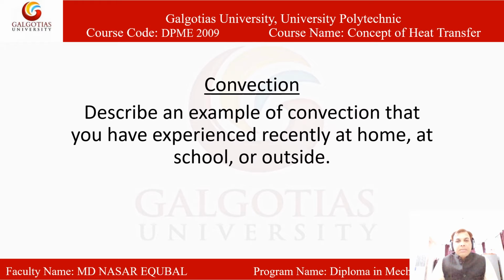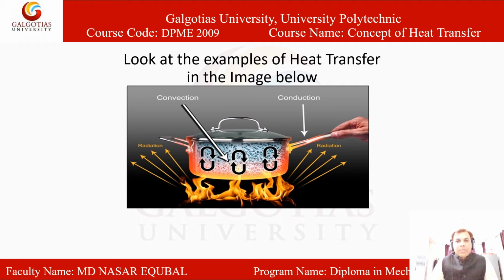Convection. Describe an example of convection that you have experienced recently at home, at your school, or outside the school. Look at the examples of heat transfer in the image below. We observe that three types of heat transfer take place in this image: first is conduction, second is convection, and third is radiation.